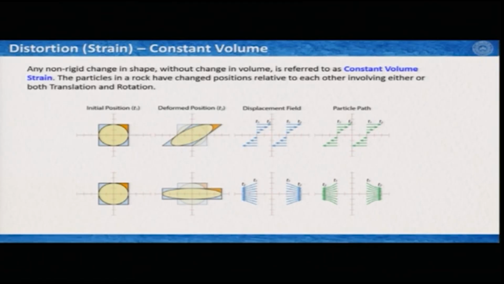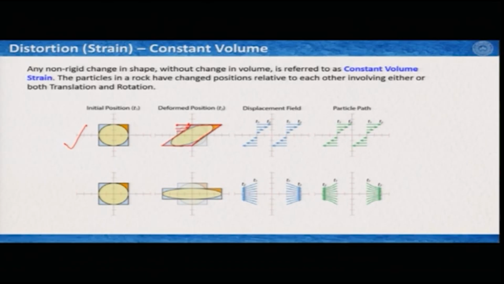We will learn more about it later, but let us have a look at how the displacement field and particle path look like. So again, the concepts or initial considerations are very similar. This is your initial position or initial shape or form, and then if I make this object like this without changing the volume, that means it is a constant volume strain, then the displacement field would look like this.